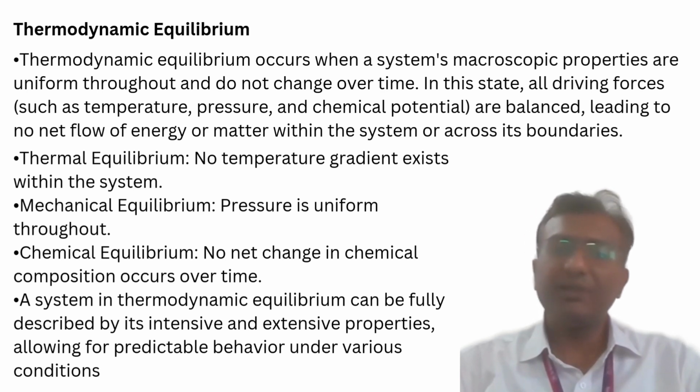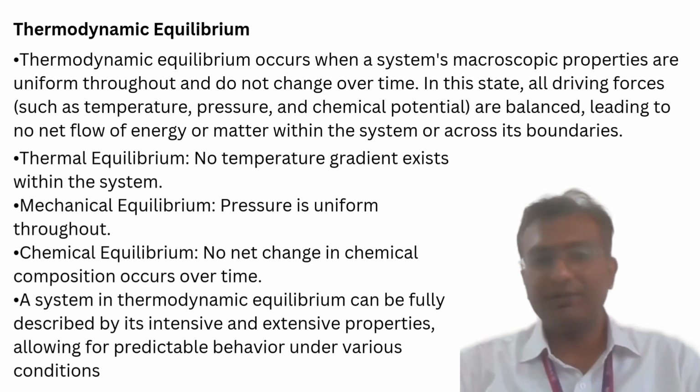When a system is in complete thermodynamic equilibrium, meaning it satisfies all three of these conditions, it is considered stable and predictable. This makes it much easier to analyze using the principles of thermodynamics. Consider a closed container of gas.